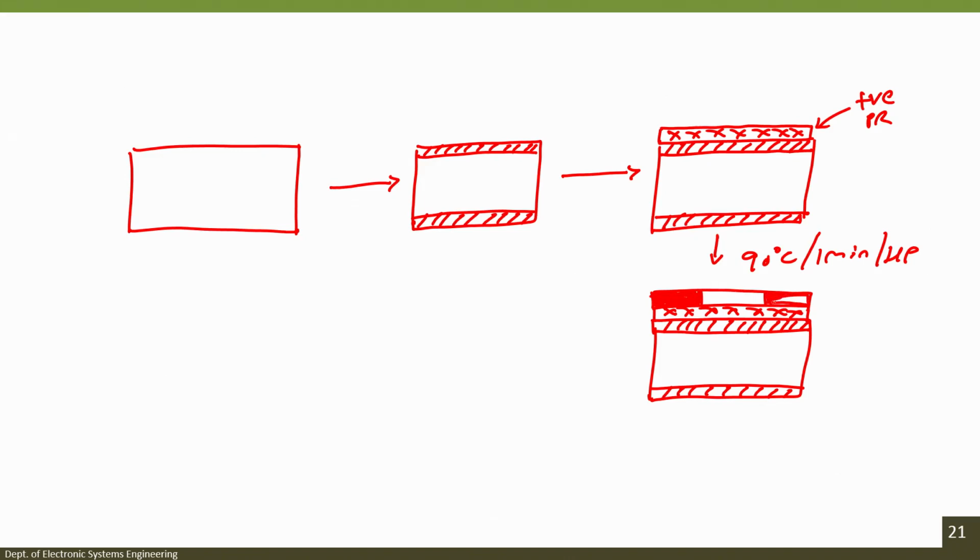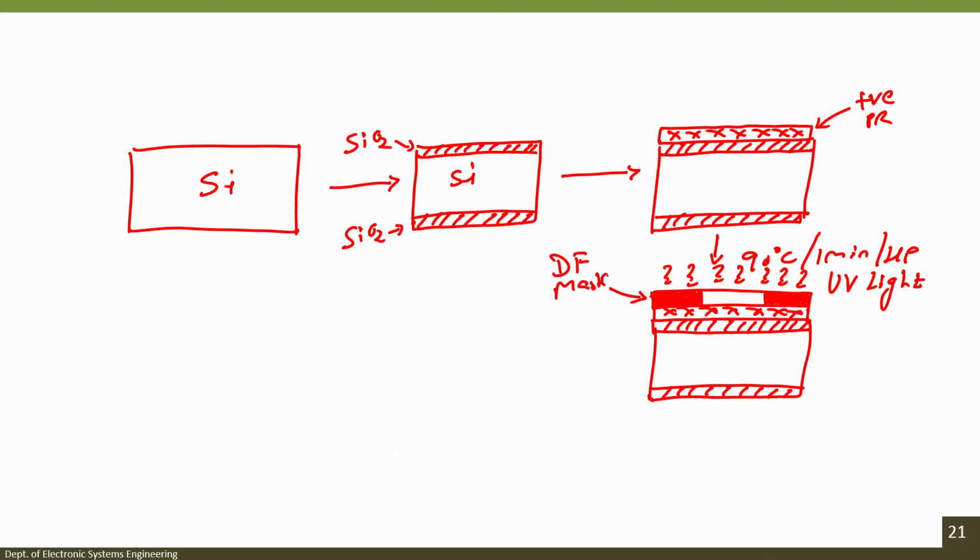It will be a dark field mask, and expose the wafer with UV light. So, this is silicon, this is silicon dioxide, this one is positive photoresist, this one is your dark field mask.